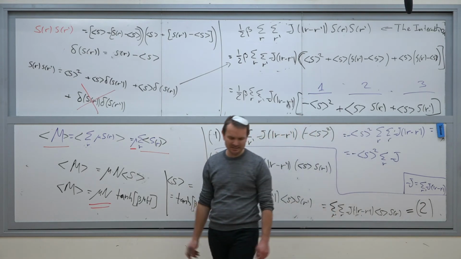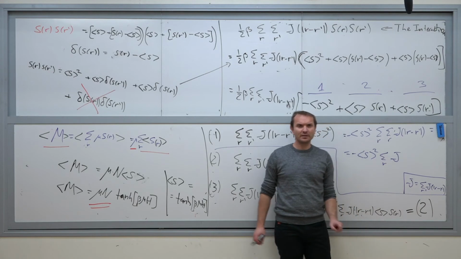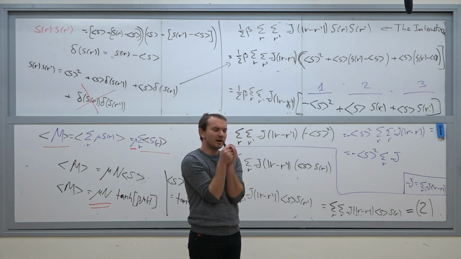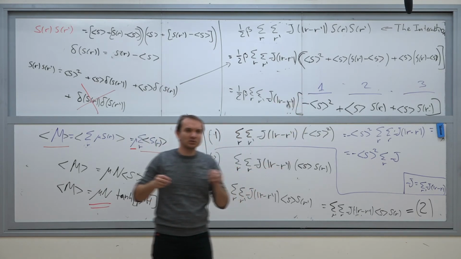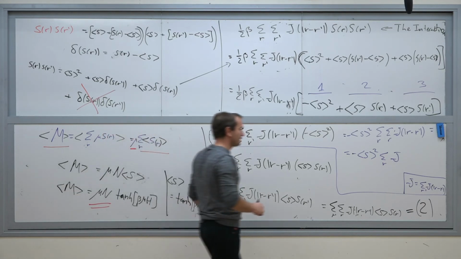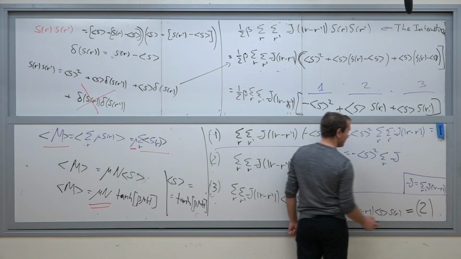Now I'm saying it should be dependent on r, right? But the lattice is invariant, so I don't care: the interaction of this guy with everybody else is the same as the interactions of the other guy with everybody else. I state that they are independent of r.